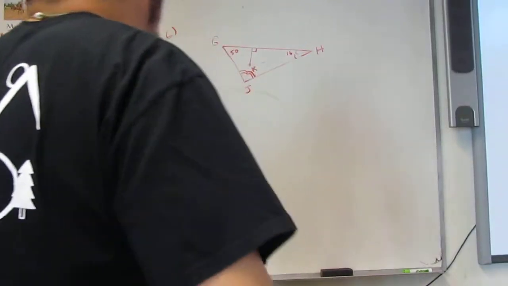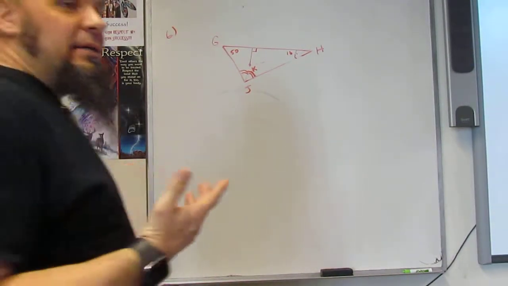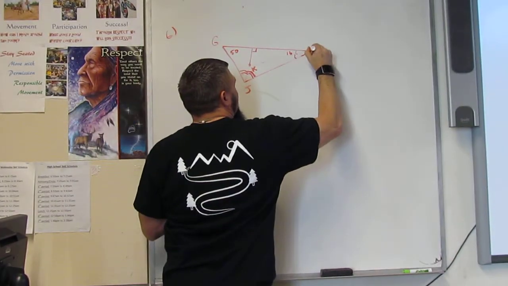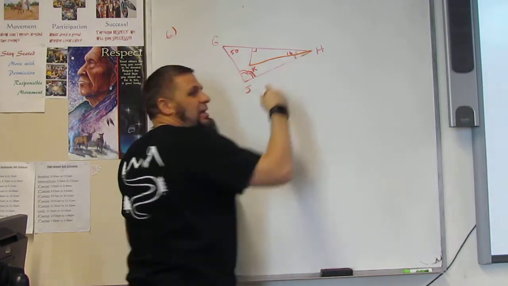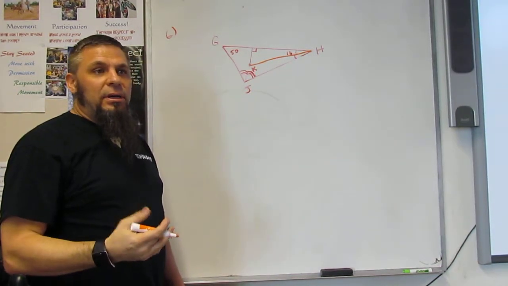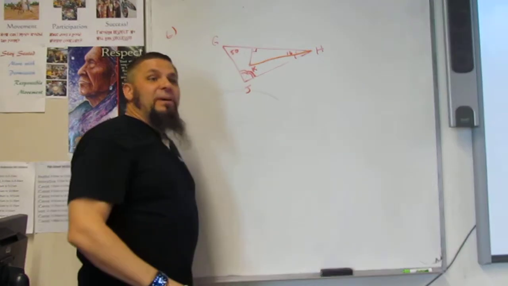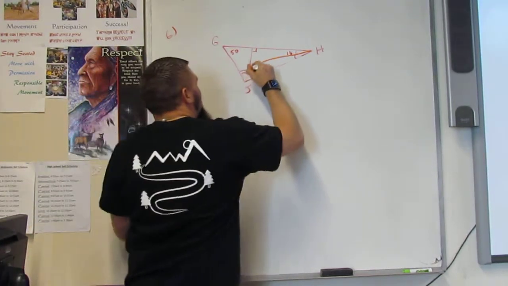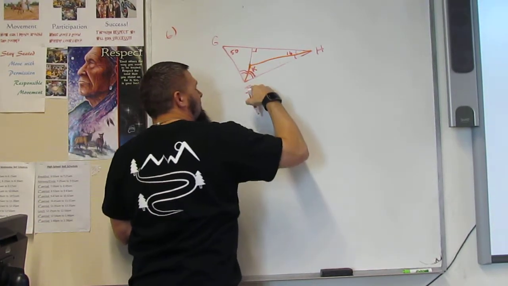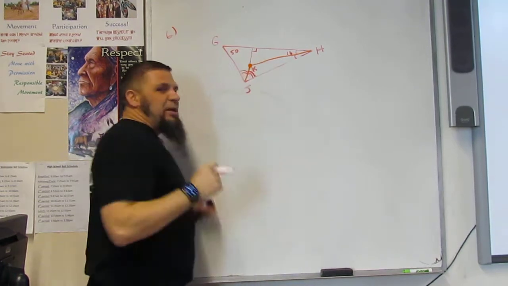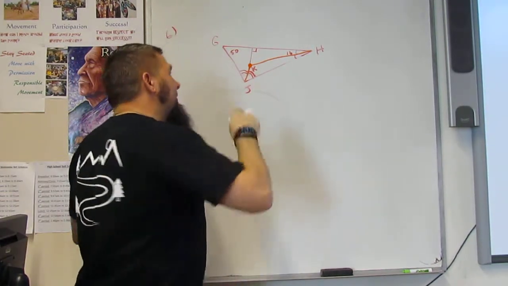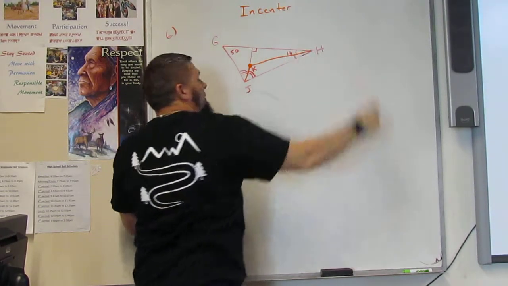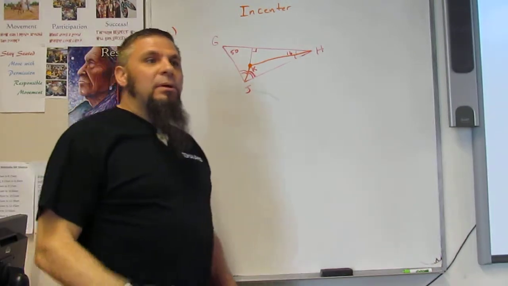Yeah, we need to. All right, so what this thing says is it has bisectors. This is a bisector. This is bisecting this angle. They're angle bisectors. Before it was perpendicular bisectors. Nope, these are angle bisectors. Angle bisectors meet at a very special point, and that special point is called an incenter.